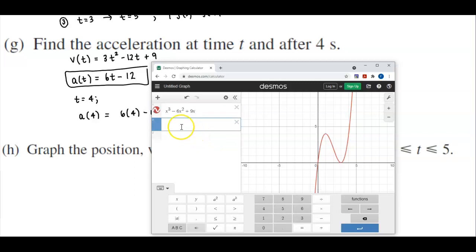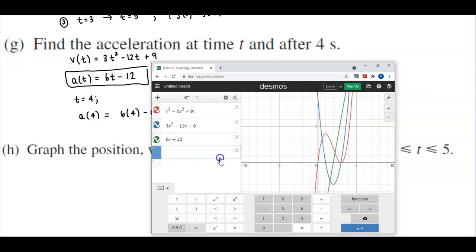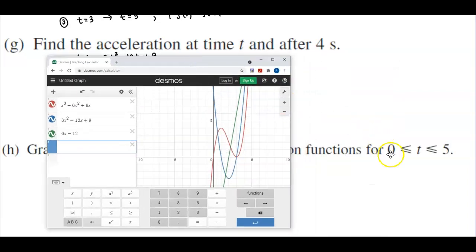And then the velocity function would then be 3x squared minus 12x plus 9. And then the acceleration function is 6x minus 12. Okay, so they want us to graph where t is in between 0 and 5.